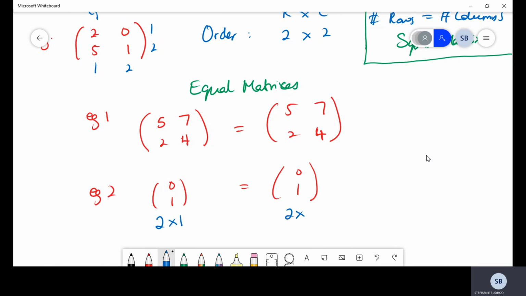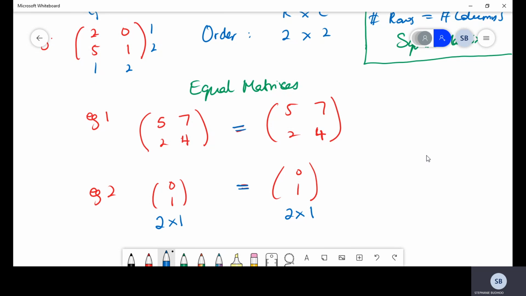This one has 2 rows by 1 column. So they are definitely not square matrices. However, they are equal matrices, and they are equal because the number of rows and columns on both ends are the same, as well as they are the exact same numbers. All right, so this is how you would represent equal matrices.